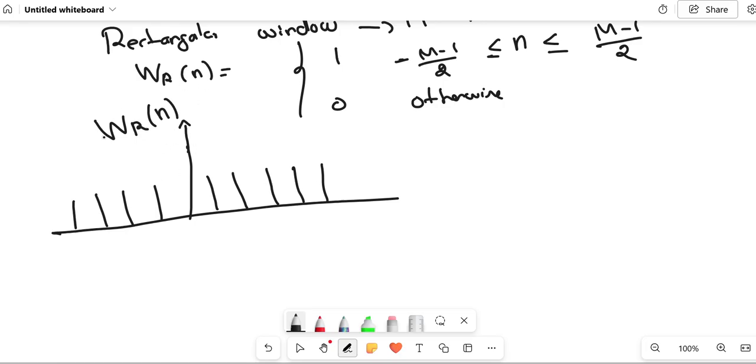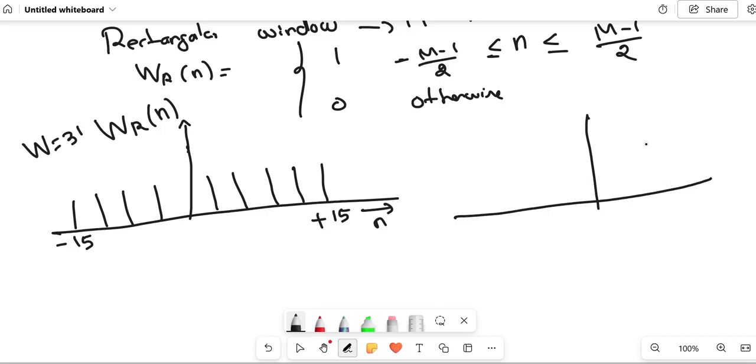So, for example, M is equal to 31, so minus 15 to plus 15 is n. If you draw the spectrum here, there is the rectangular window frequency response.